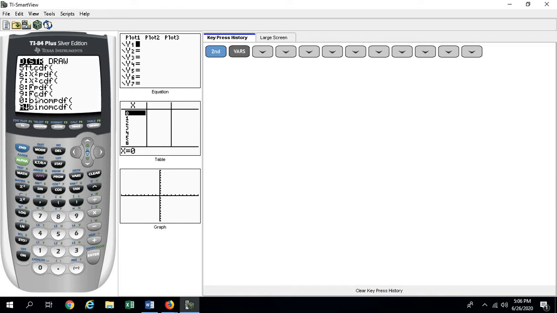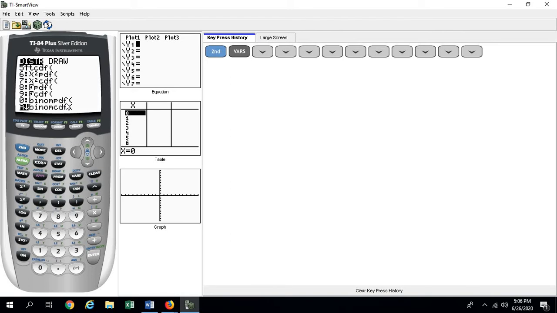Now the difference between these 2 is you would use the top one, the PDF, when you're trying to find the probability of exactly X successes. Like in this case, we want the probability of exactly 2 successes. Whereas you would use the CDF one if you were trying to find the probability of success for several X values.